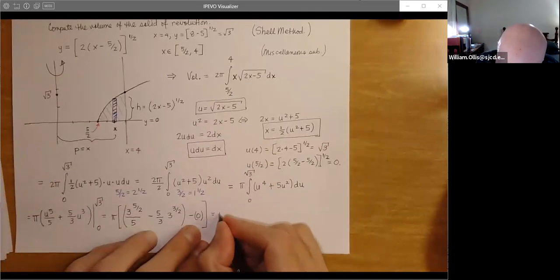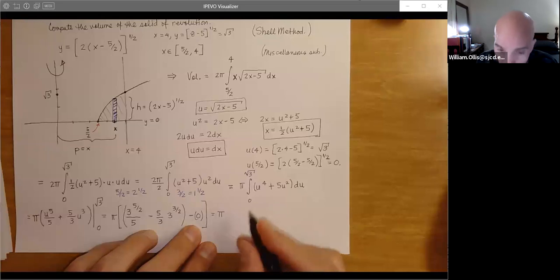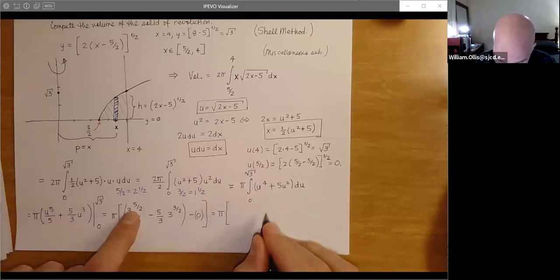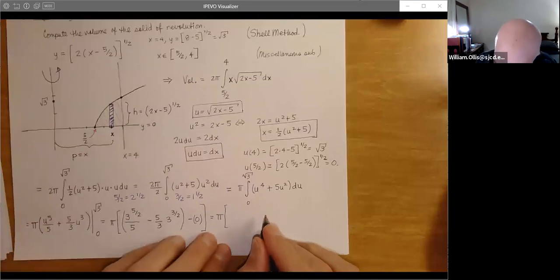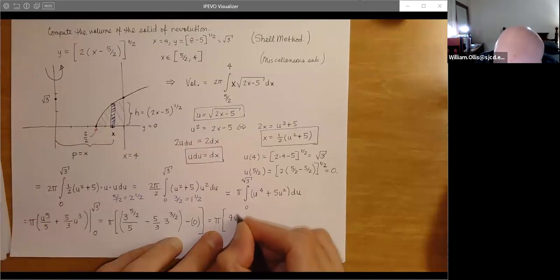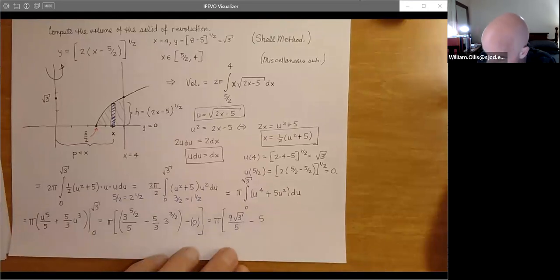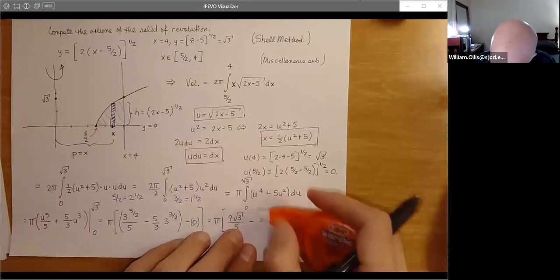So now we get, in this case, a pi. And so with the 2, we'll get a 9 times the square root of 3 over 5 minus 5/3. Well, notice here, we can make life a whole lot easier on us.